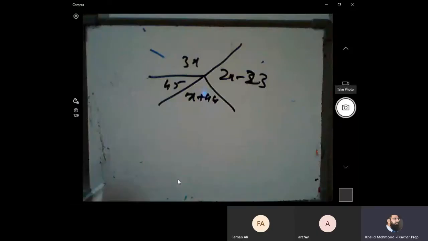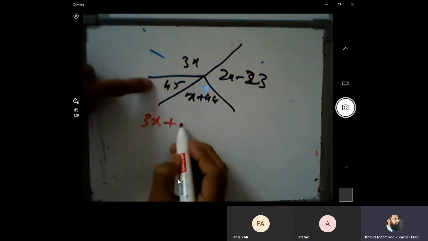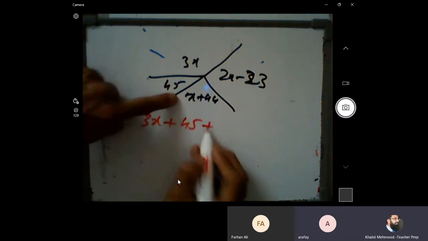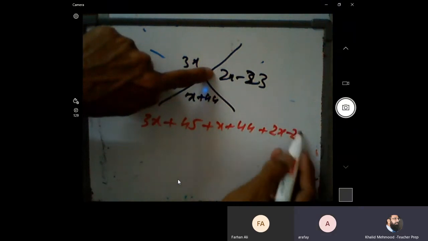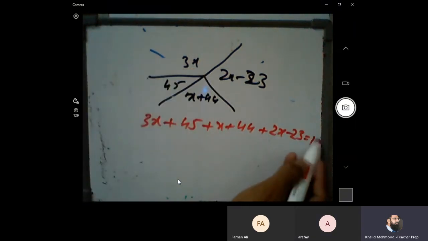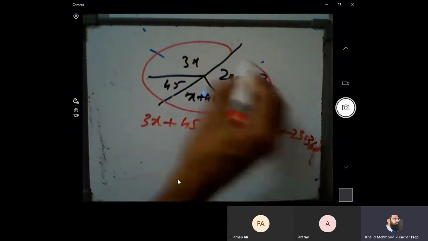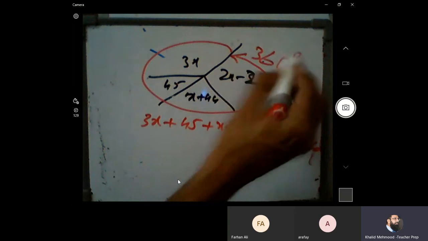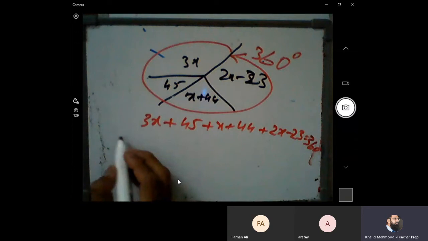So we'll say that these all are complete angles, so 3x plus 45 plus x plus 44 plus 2x minus 23 is 180, sorry, not 180, this is 360 degrees. Why? Because this is a complete angle, and a complete angle is 360 degrees. So now we are rearranging it, arranging the variables on the same side.